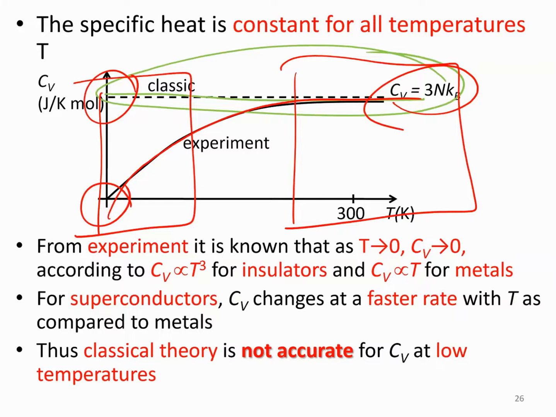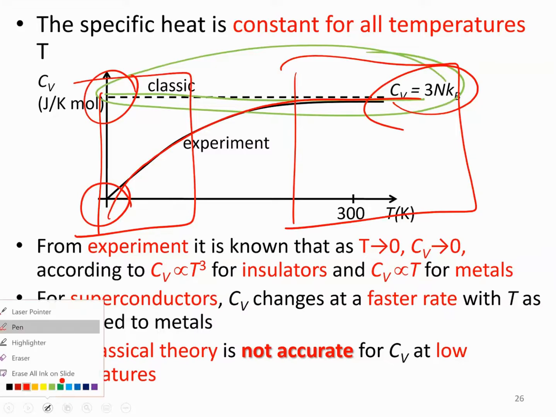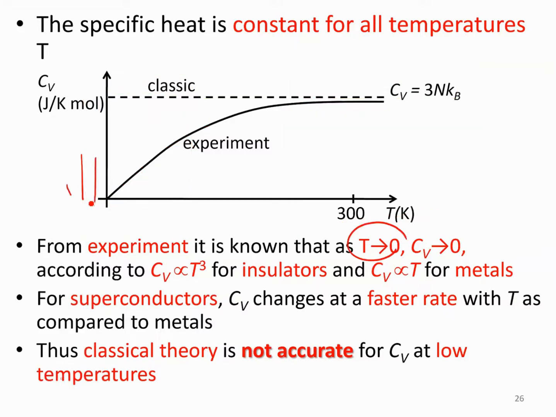From experiment, it's known that as T approaches 0, which means very, very low temperature, in this region, the CV also goes to 0.